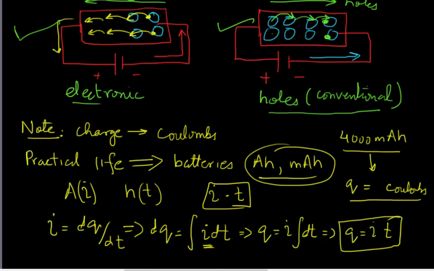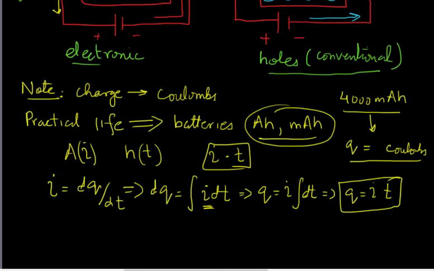Now, the electric charge and current, you can see they are quite simple ideas. But in practical life, we don't see the electric current in this way. In practical life, we have something called AC and DC circuits.